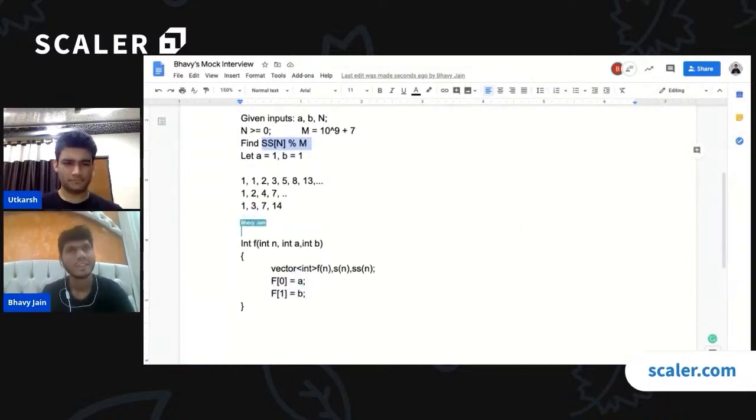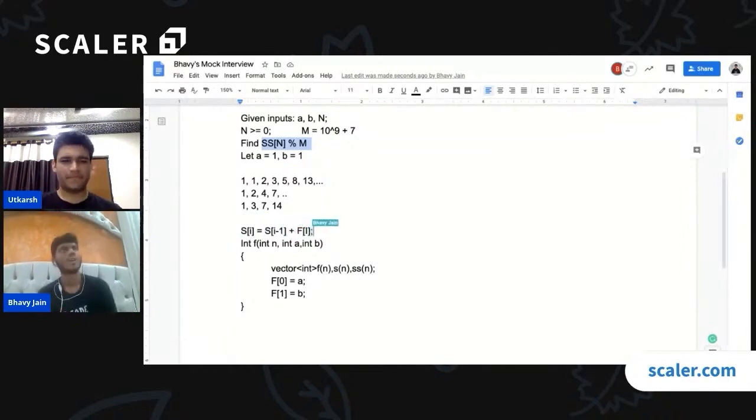Also, we can see that it follows the relation S of I is S of I minus 1 plus f of I, since it is the prefix sum. Or actually we can store the prefix sum directly. So let's first calculate f.